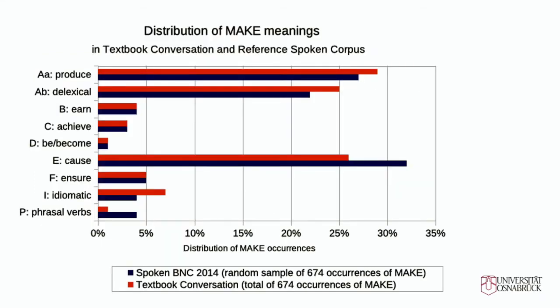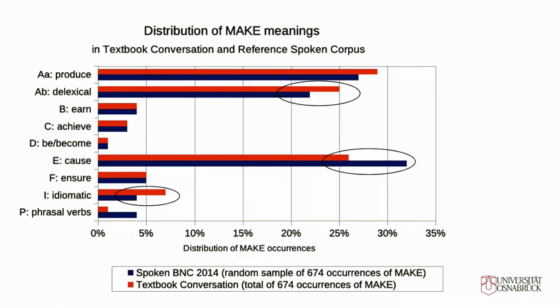This graph shows you the distribution of make meanings in the textbook conversation and in the spoken BNC 2014. So you can see, for instance, that the spoken BNC has a lot more instances of make in the causative sense than textbook conversation. We can also see that there are more instances of make in a delexical sense in the textbook conversation than in the spoken BNC.